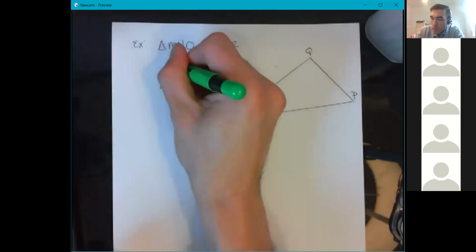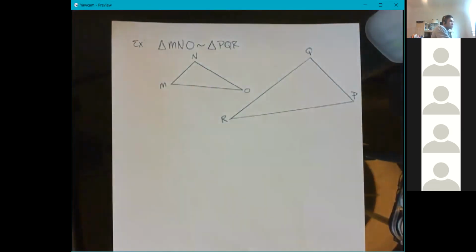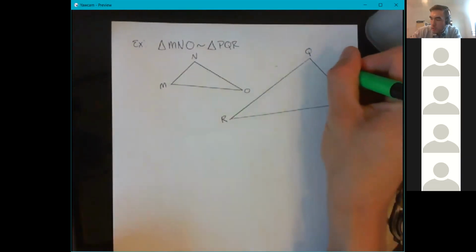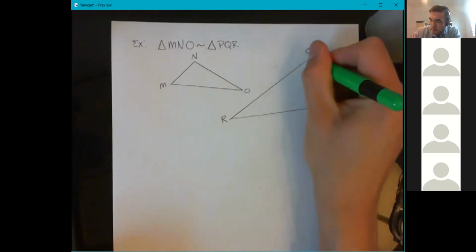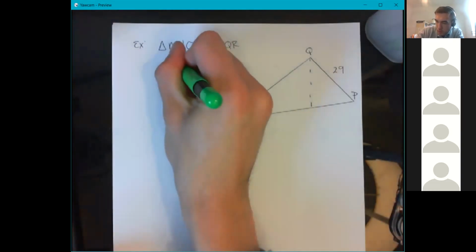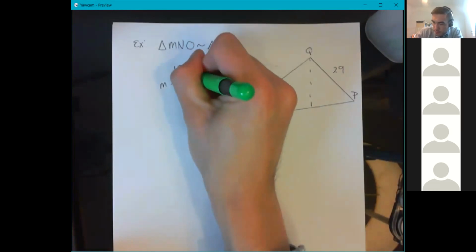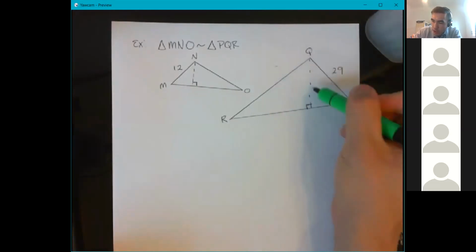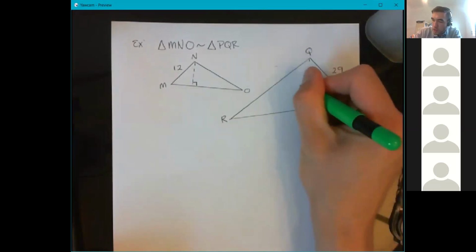Okay, so then this length here, let's go ahead and say that this one here is 29. And then this one over here is 12. This altitude right here is going to be 20.